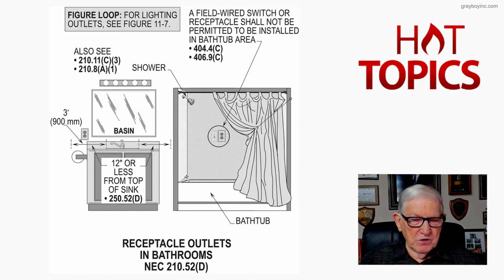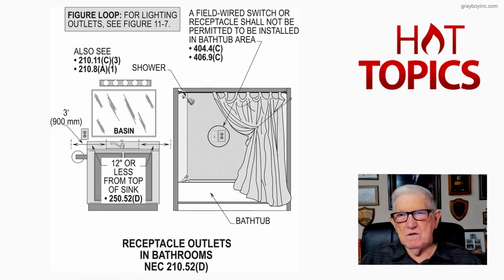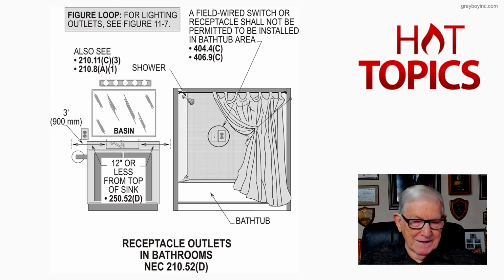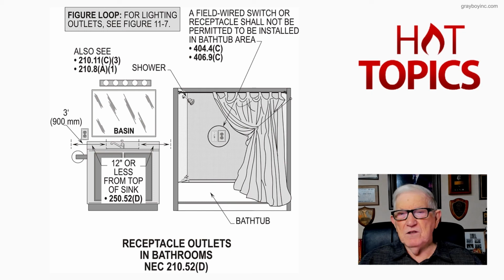Now, notice you could go over, I think it's page 264, and look at 404.4(C), and you're not allowed to have a switch in a shower or bathroom area. 406.9(C) now, I believe that you would pick that up around page 270, somewhere in there. And it says you can't put a receptacle there either.